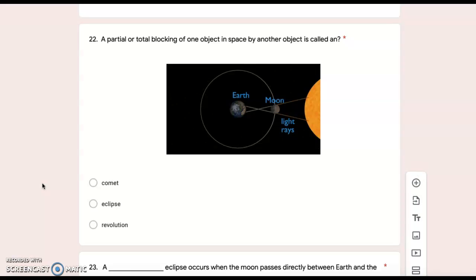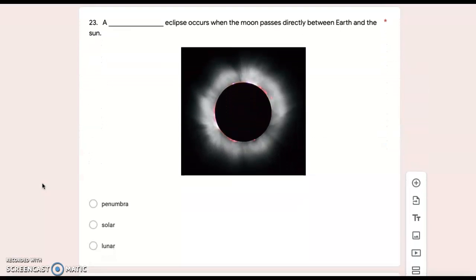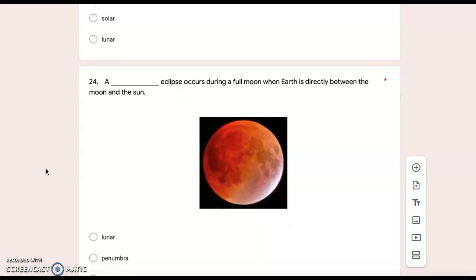22. A partial or total blocking of one object in space by another object is called comet, eclipse, or revolution. 23. A blank eclipse occurs when the moon passes directly between Earth and the sun. Penumbra, solar, or lunar? 24.